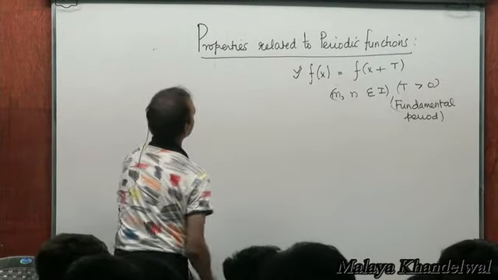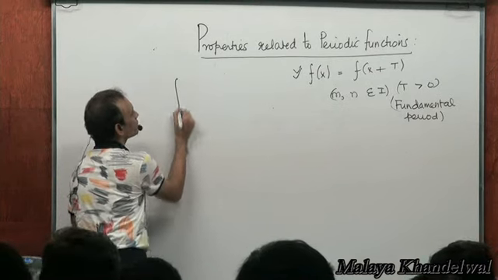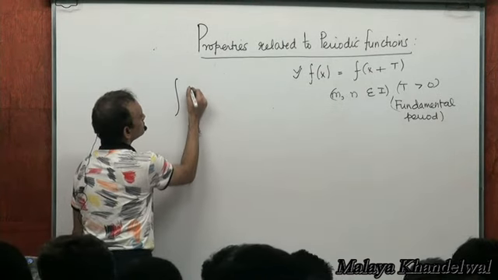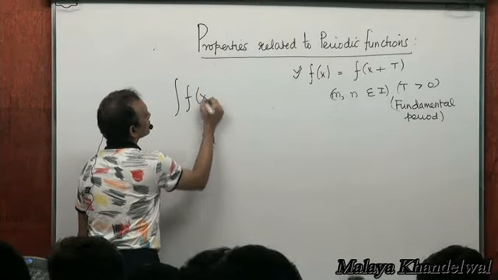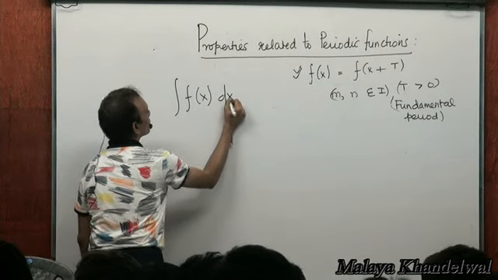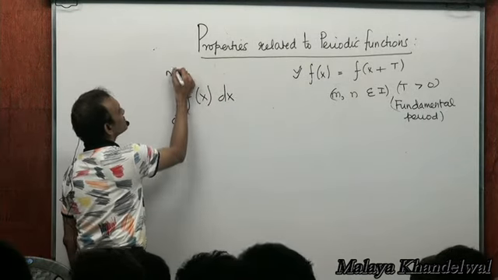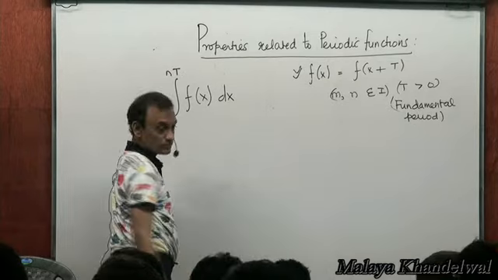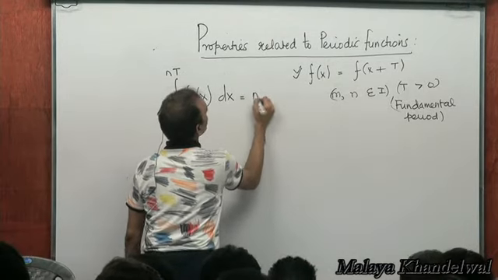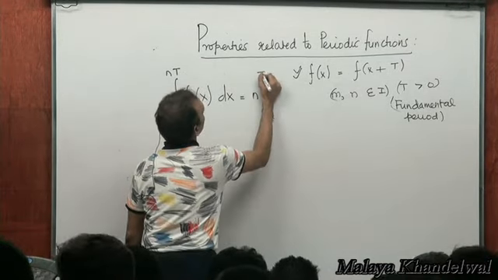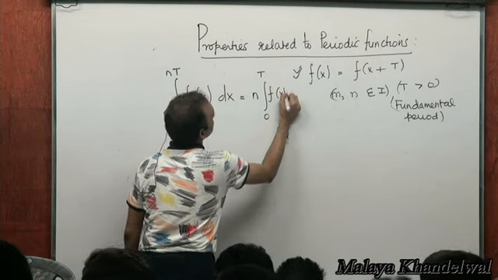Again, the next property: the integral from 0 to n times t, n is an integer, is n times the integral from 0 to t of f(x) dx.